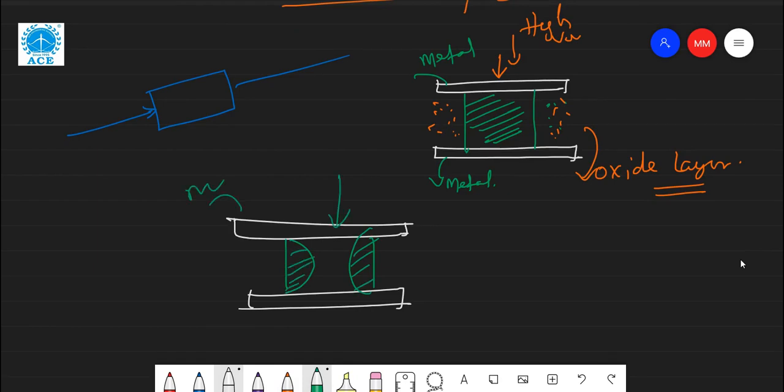So when you apply high voltage, this will happen. And it acts as an open circuit, right?